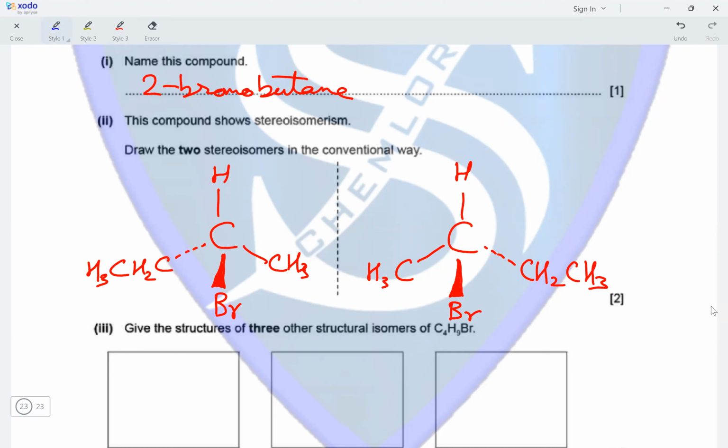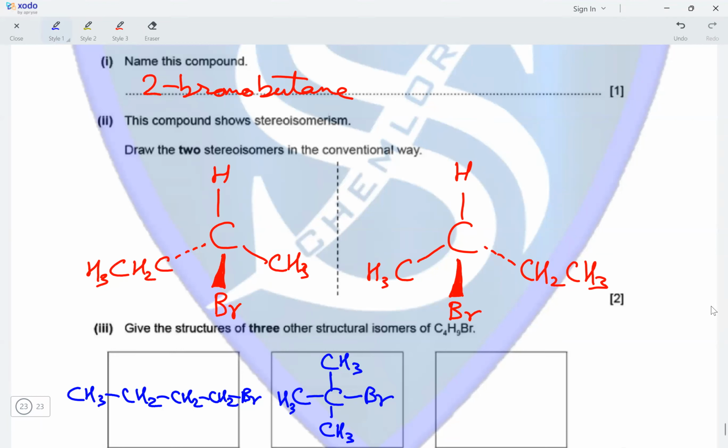Give the structure of three other structural isomers of C4H9Br. We can have a straight chain compound CH3, CH2, CH2, CH2Br, which is 1-bromobutane. We can have a tertiary halogen alkane, where the carbon atom to which Br is bonded has three CH3 groups. The name of this compound would be 2-bromo-2-methylpropane.